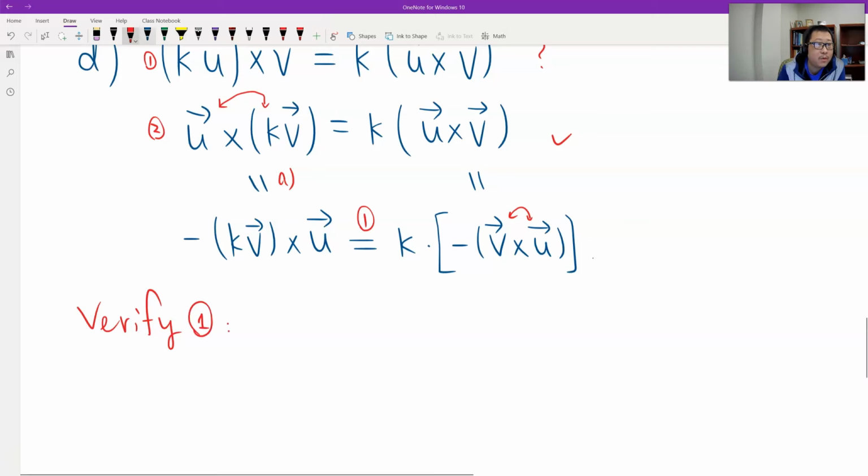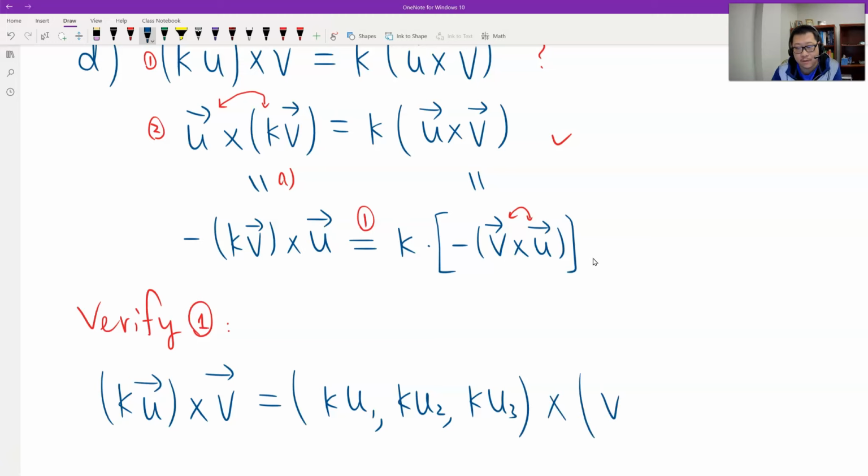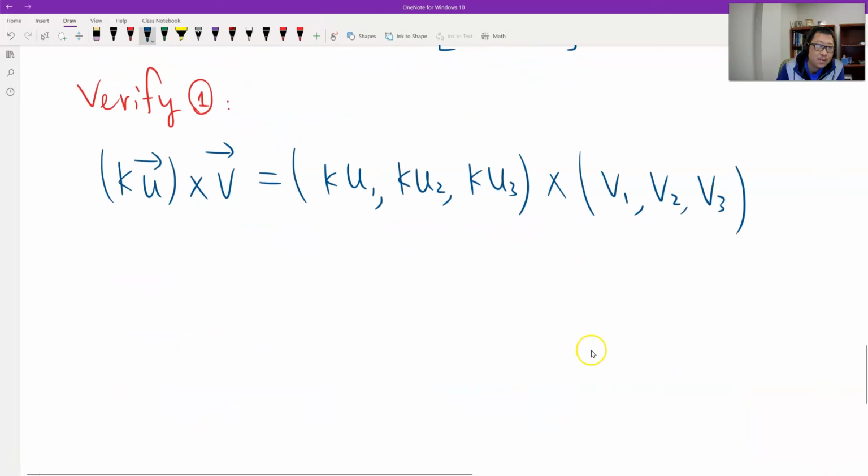Not difficult. So let me put it here. KU cross V equals what? KU is just KU1, KU2, KU3, then cross V1, V2, V3.